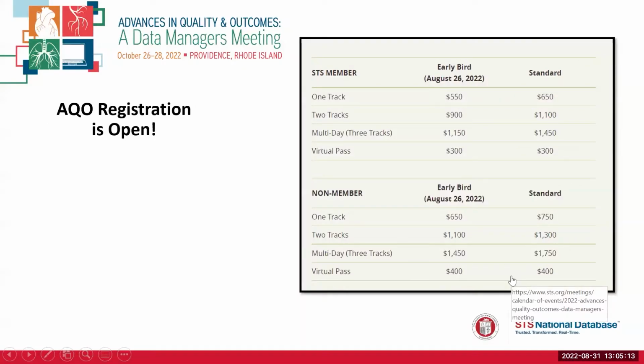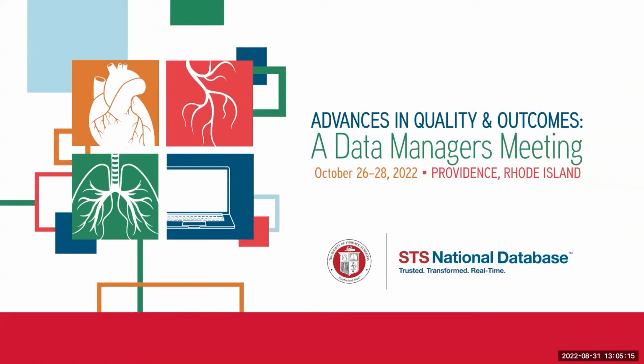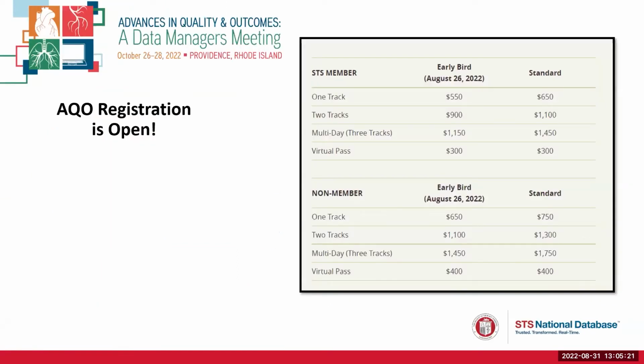And these slides will be posted on the STS website later on this week. So these are actually the slides. For AQO, the date's October 26th for the Intermacs database. This is just a listing of the price.